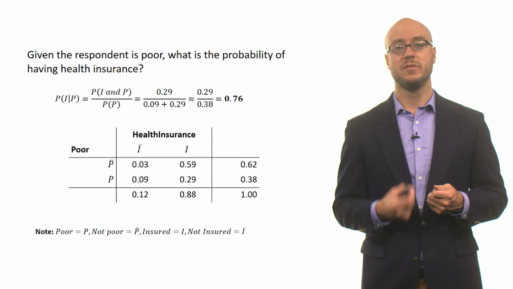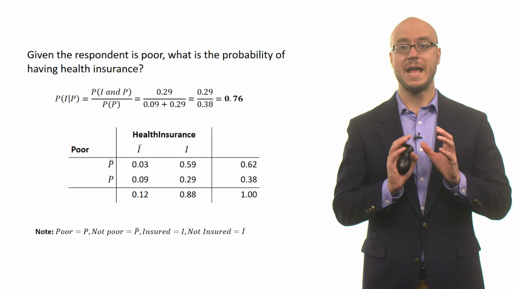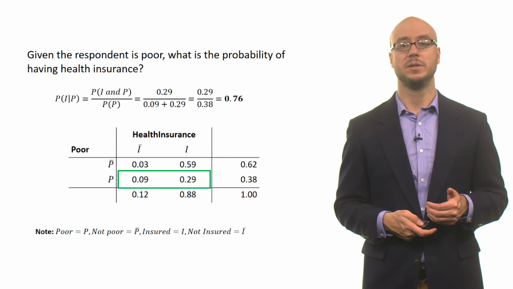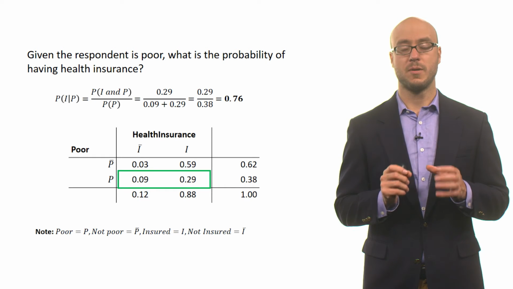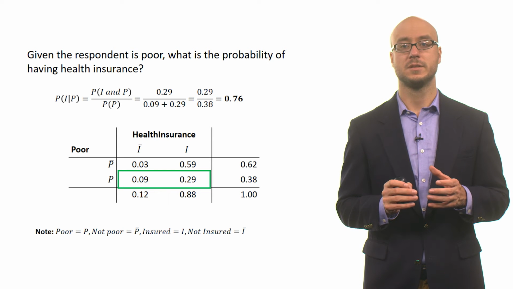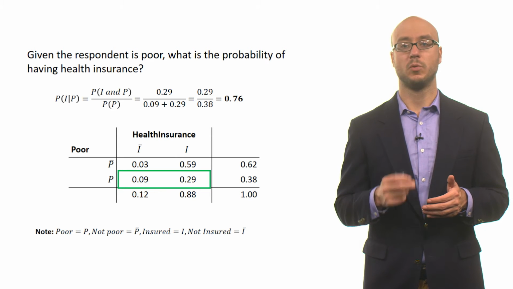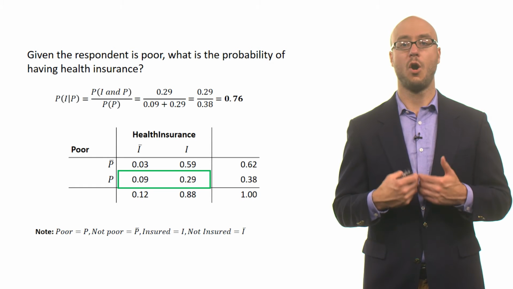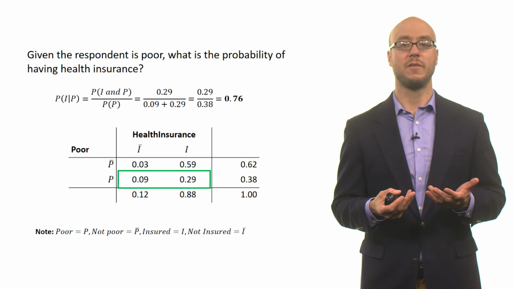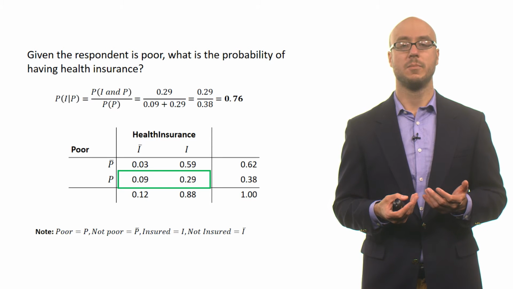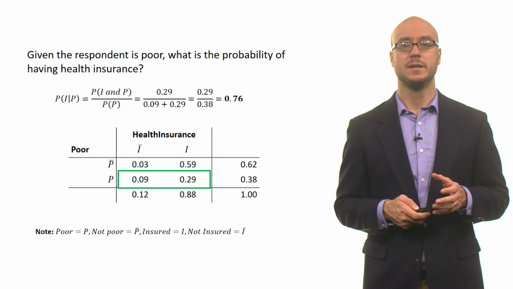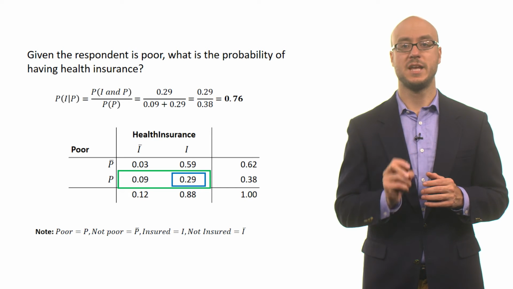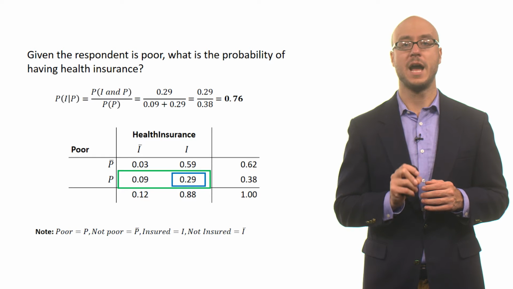So the probability of I given P equals the probability of I and P divided by the probability of P. The probability of P is simply the probabilities of these 2 cells: 0.09 plus 0.29, which is 0.38. So you can also just look at the margins. Overall, roughly 38% of the population is poor. Then that joint probability is given by that cell in which we have I and P.